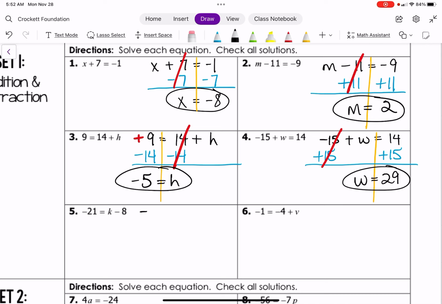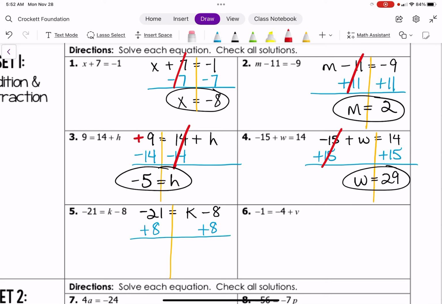Okay? Let's take a look at these last 2. Number 5 reads -21 equals k minus 8. Once again, I want to start off by drawing a line down the middle of the equal sign. And I want to start on the right side because that's where the variable is. Now, there's a -8 over here. Because that 8 is negative, if I want to undo it, I have to add +8 to both sides.